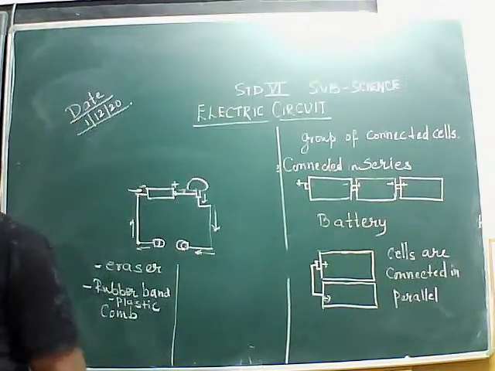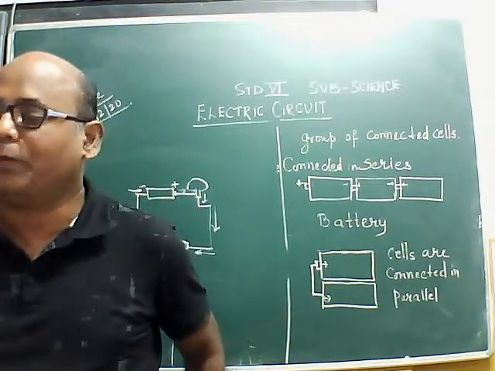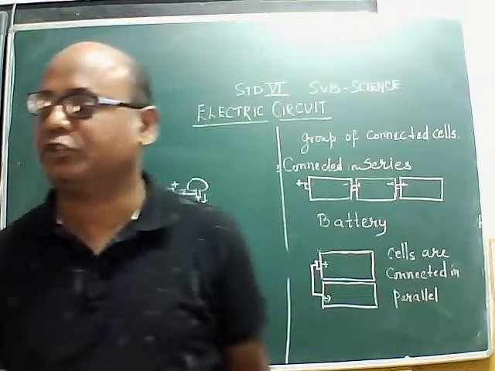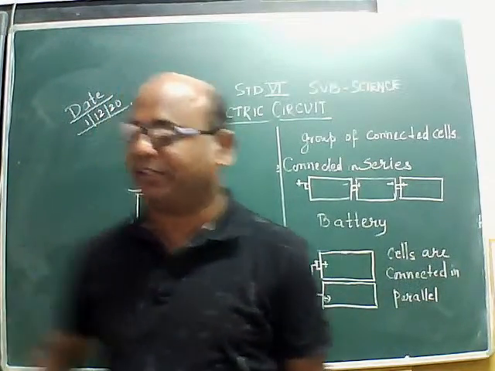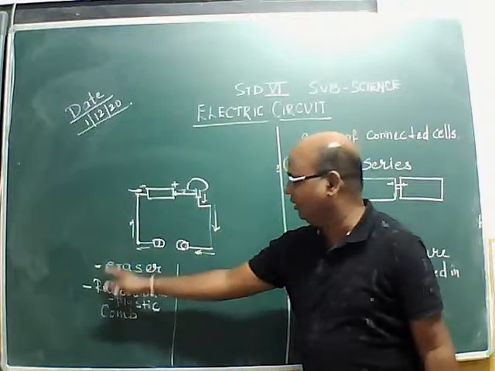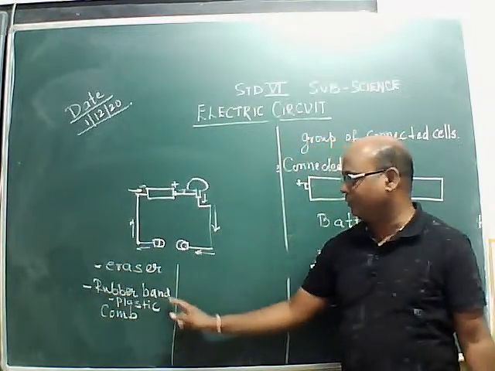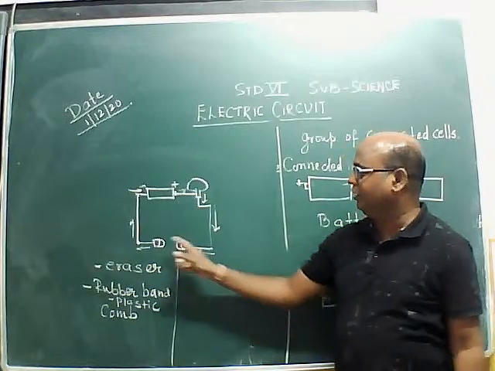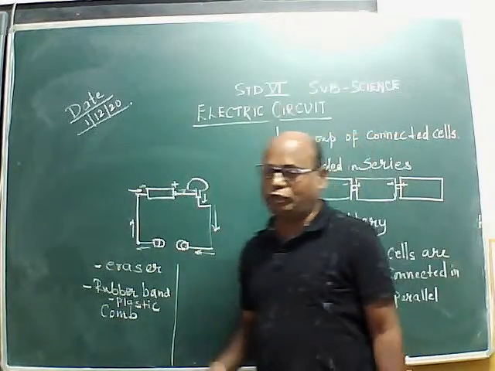Such material which does not allow electricity to pass through it is called a bad conductor. Santosh wrote very correct because rubber is a bad conductor. Eraser, rubber and plastic materials are bad conductors. They do not allow electricity to flow and therefore the bulb will not blow.